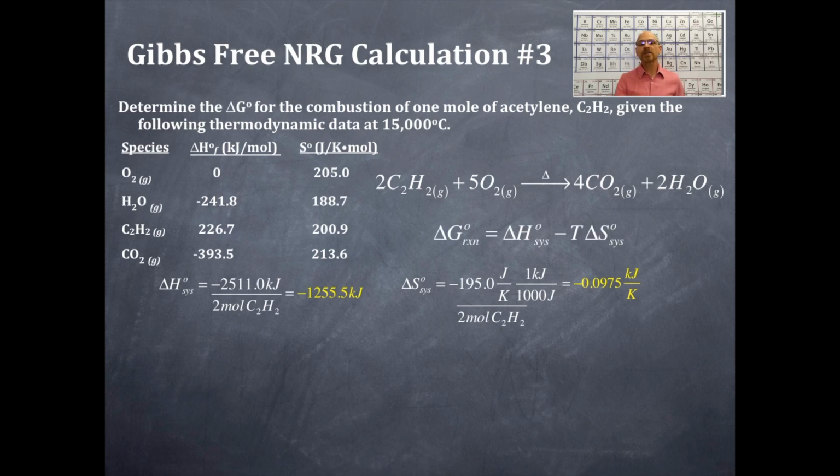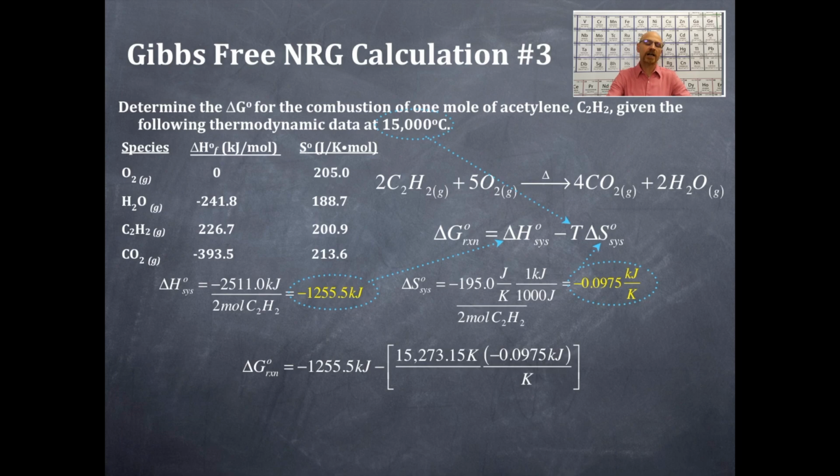So I'm going to plug into the same equation here. Delta G naught is equal to delta H minus T delta S. I've got my delta H term right there. I've got my T term right there, which I need to convert into Kelvin. Simple process. It's just a little bit larger than that, not much more. And then I've got my S term right there.